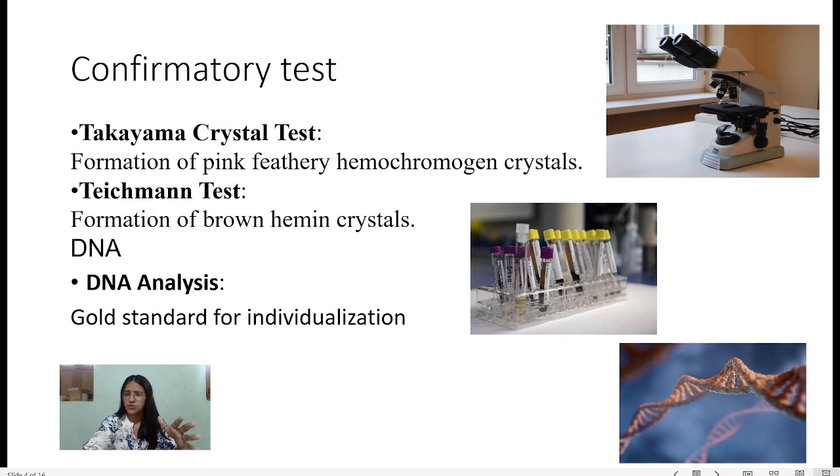Hemoglobin is present in the blood and pyridine is present in the Takayama reagent. We add the Takayama reagent to the suspected stain and then slightly heat it. The result is pink feathery crystals under the microscope. So pink feathery structures will be found when we see through a microscope.